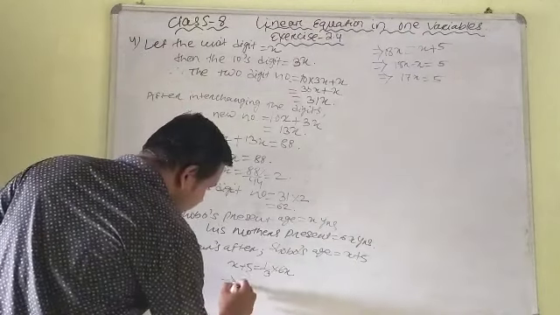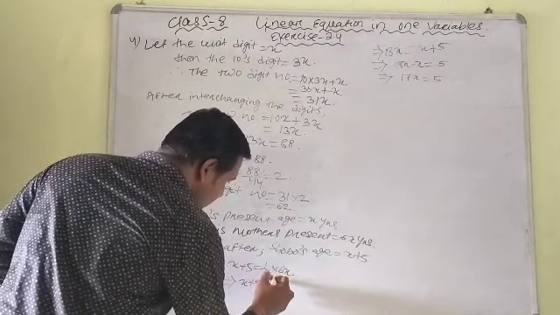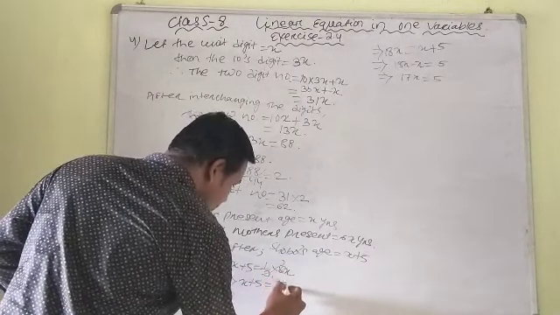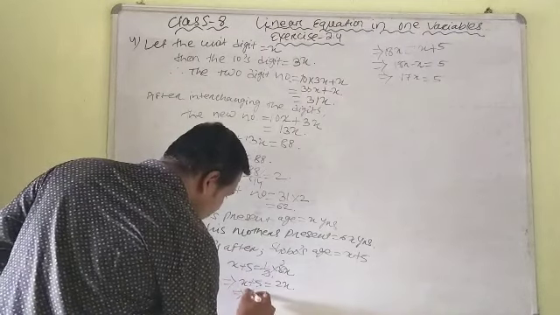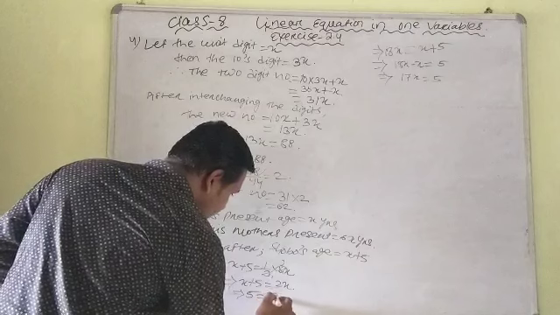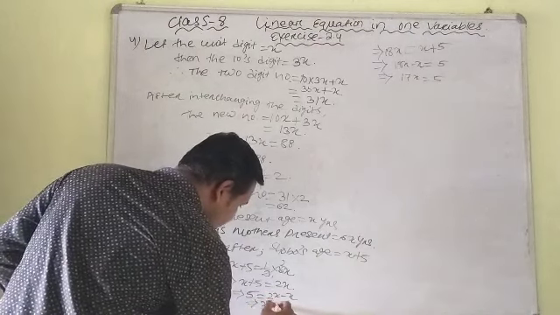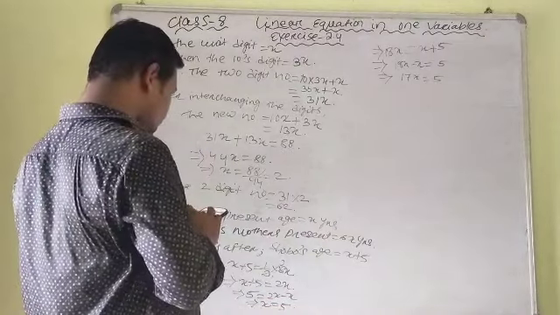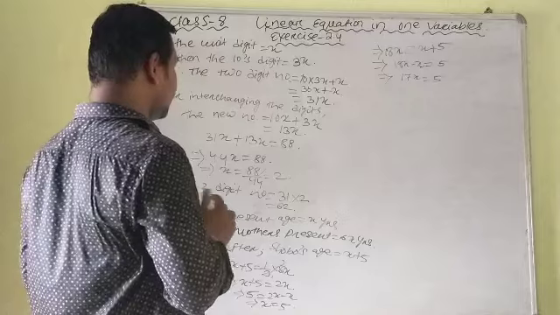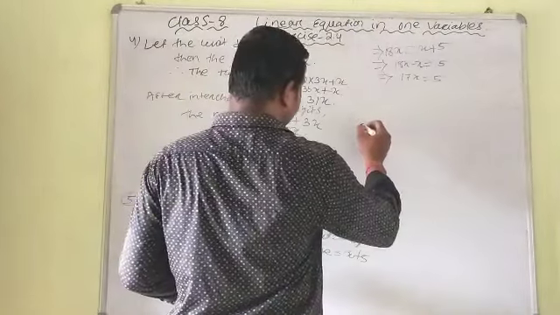Okay. Now we will solve this to get the answer. x plus 5 equal to 1/3 into 6x, 3 twos are 6, that is 2x. Now transpose x from left side to right hand side, that is 2x minus x. So we will get x equal to 5. And it's given here what are their present ages. Therefore we will write down the present age.